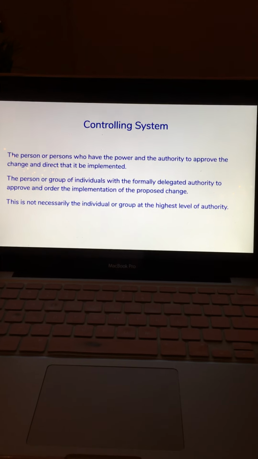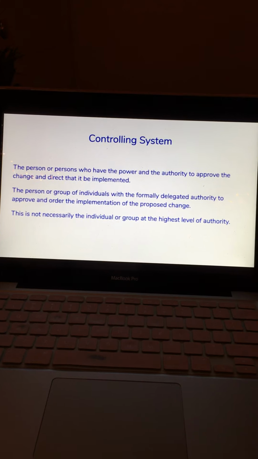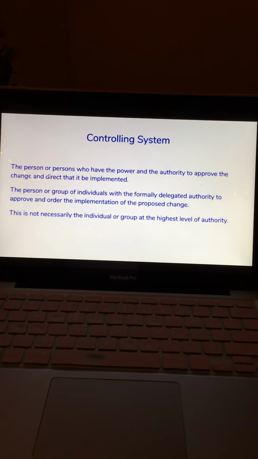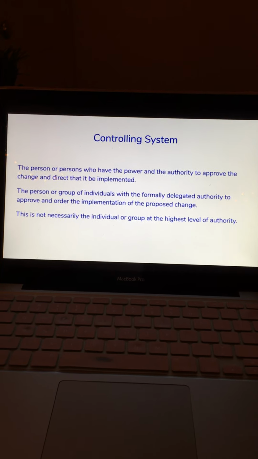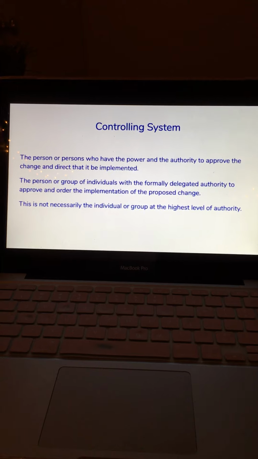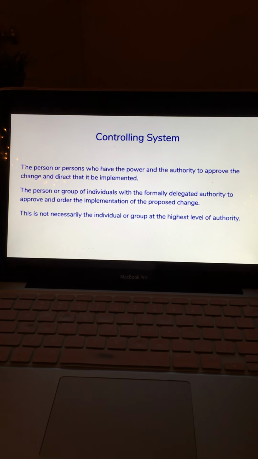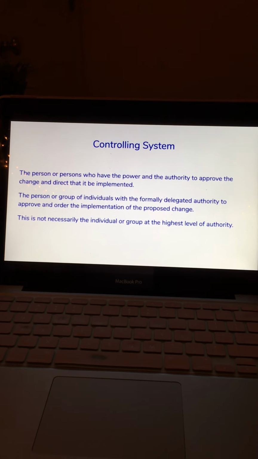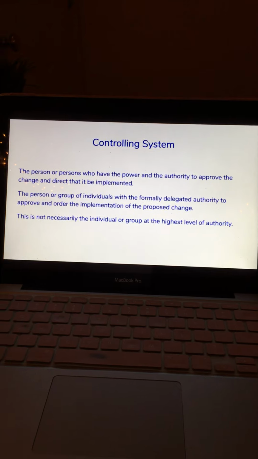So the next part is the controlling system. That's the person or persons who have the power and the authority to approve the change and direct that it be implemented. The person or group of individuals with the formally delegated authority to approve and order the implementation of the proposed change. But this controlling system is not necessarily the individual or group at the highest level of authority.